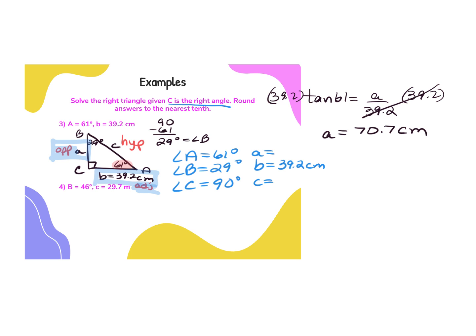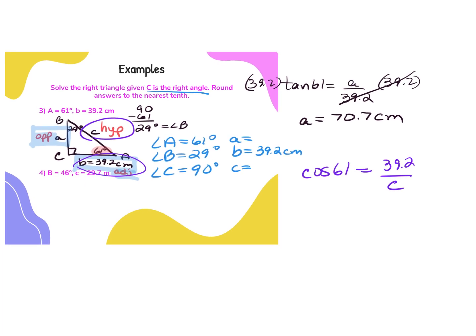Now for the hypotenuse, I'm still using adjacent. So for hypotenuse, I'm going to be looking to see my hypotenuse and my adjacent. And that's going to be my cosine. So cosine of 61 is equal to adjacent over hypotenuse. This time my variable's in the bottom. So essentially in the end, we're going to be dividing to solve.